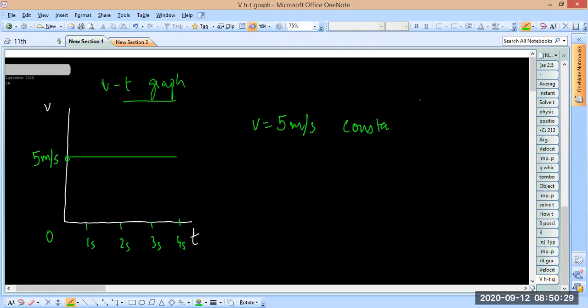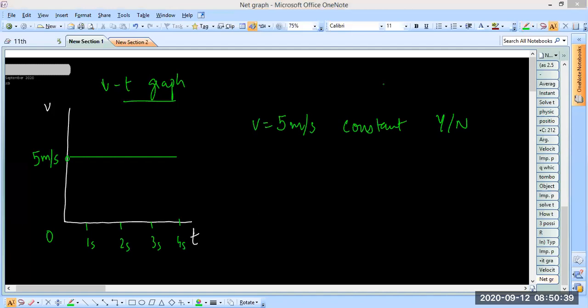How many of you understood that? Can you please say yes or no? No, acceleration is not constant. Velocity is always 5 meter per second, right? It's not changing at all.